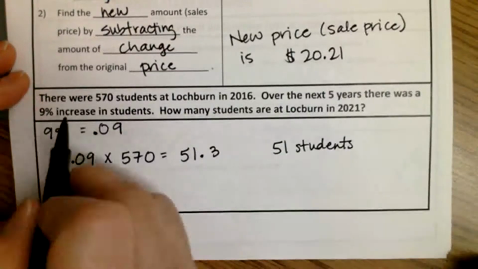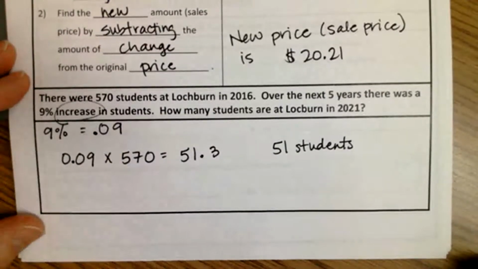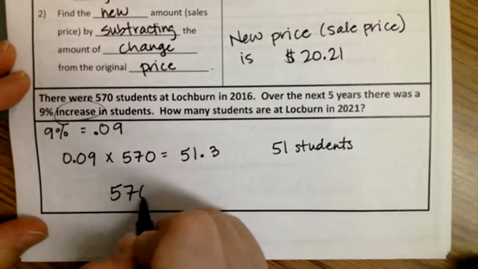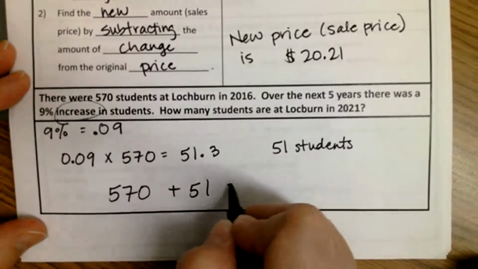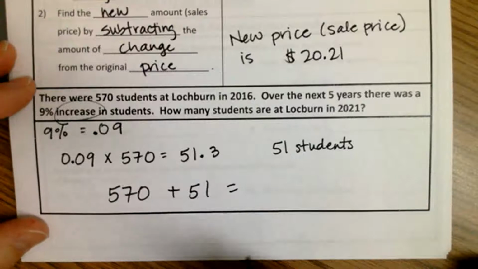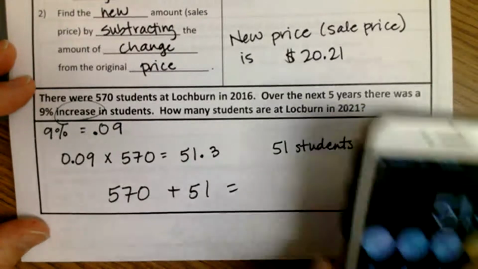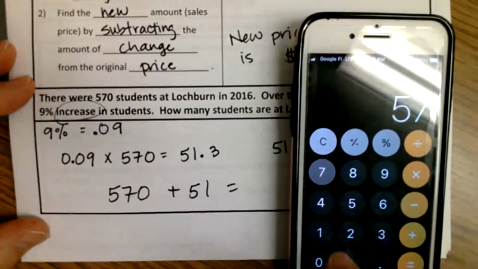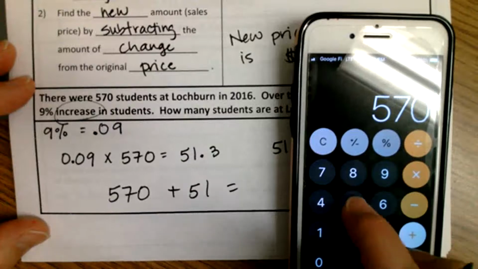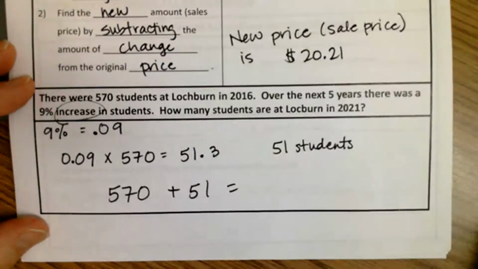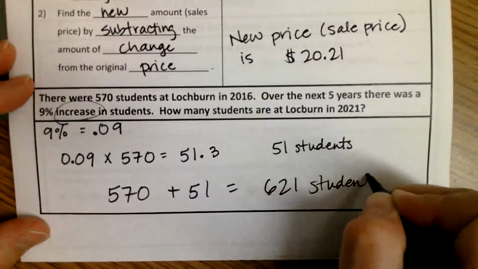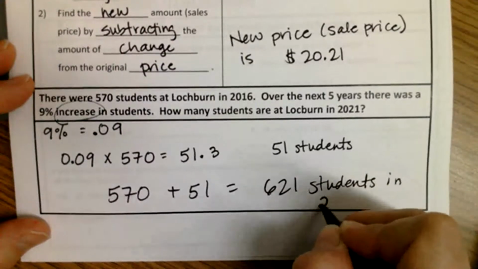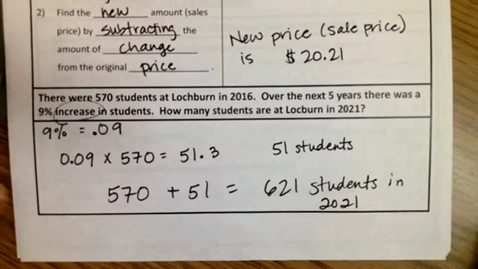And remember, it's an increase. So we're going to add. So we're going to take the original amount, 570 students, and add 51 students. So 570 plus 51, and we have now 621 students in 2021.